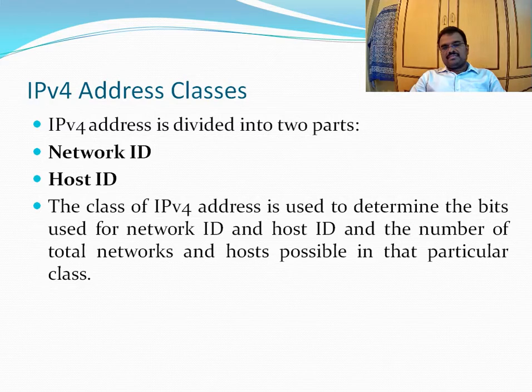So the class of an IPv4 address determines the bits used for network ID and host ID, and the number of total networks and hosts possible in that particular class. By seeing the host ID and network ID, we can say how many networks are available and how many hosts are possible in that particular network class.